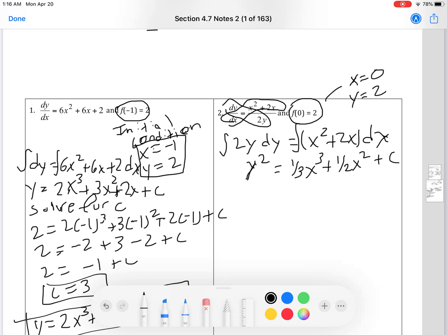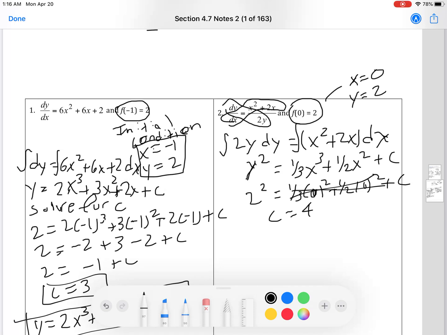Now, I have enough information with my initial condition to plug in my x and y and solve for what that plus c is. So I'm going to say that 2 squared is equal to 1/3 times 0, and I love having 0 here because this stuff is just going to go away. And it turns out that our c is equal to 4.